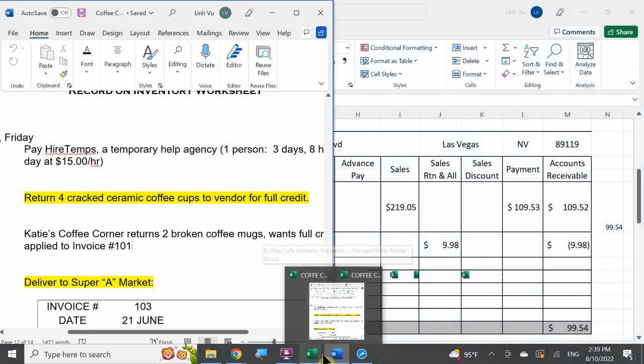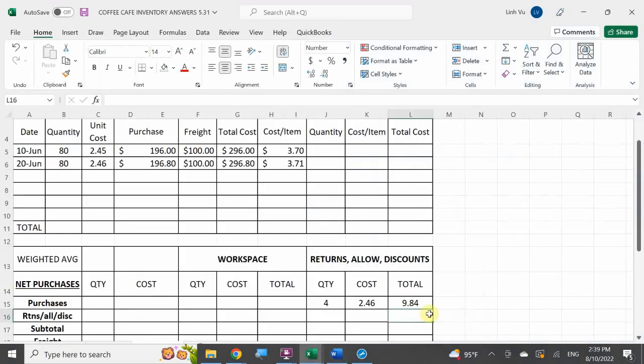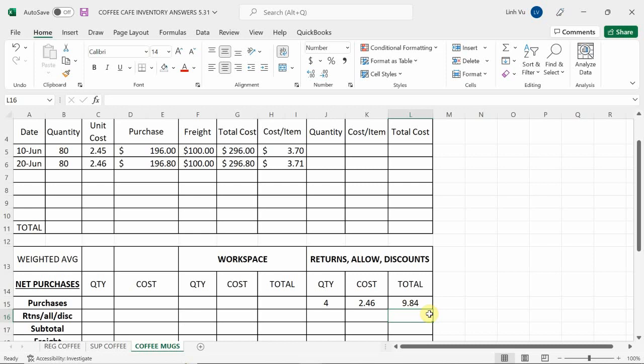That's it. Okay. Question to you guys. Do I need to update my inventory? No, because... Why? Didn't we just issue a refund? Yes. But we are not getting those mugs back, are we? We are not. Okay.